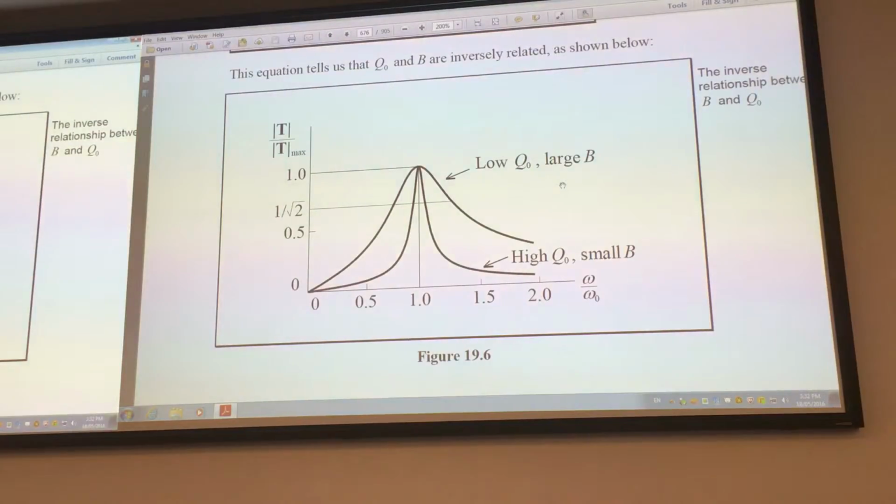In not so old days, when resonant circuits were extremely often used in radio and telecommunication, very often we wanted to have a very narrow band just to pick up one particular frequency and get rid of everything else.